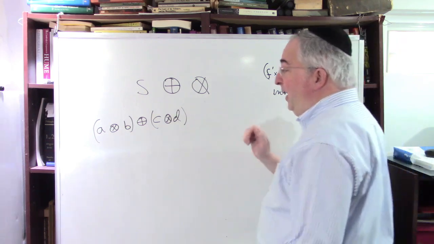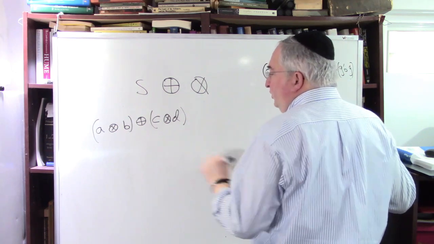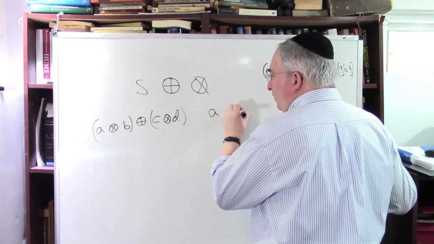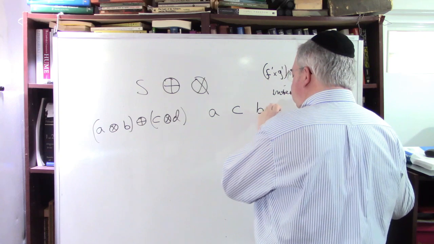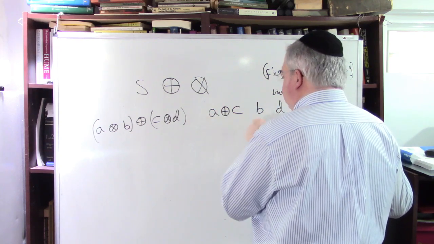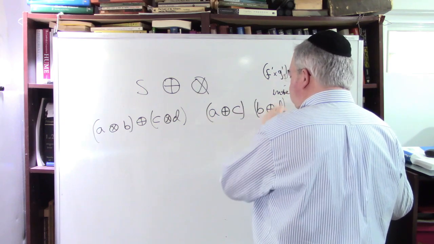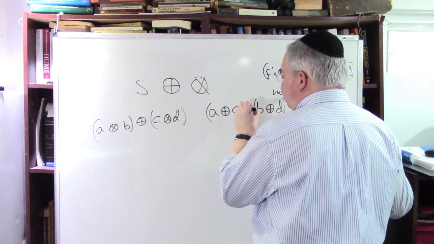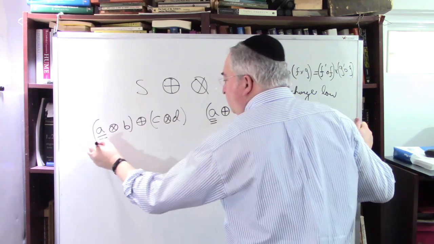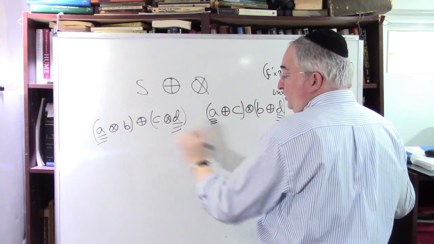And I'm always going to point back to this interchange law. Well, there's another thing you can do with these four objects, namely A, C, B, D, and we can do it like this. A plus C, B plus D, in parentheses, and this is times. Notice they both start with an A, they both end with a D, the C and the B switch.